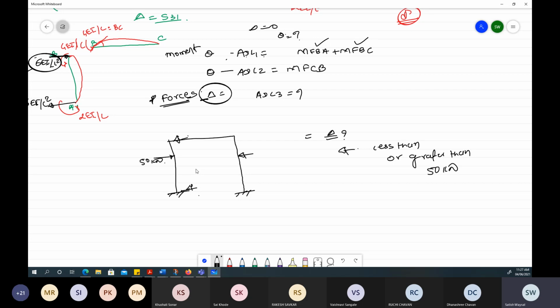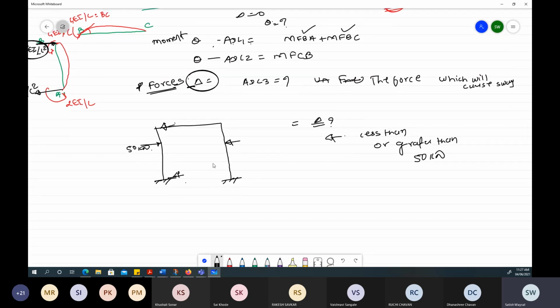So always while we look into this, first thing is that we have to find out ADL3, the unequilibrium force, the force which will cause a sway. Okay.